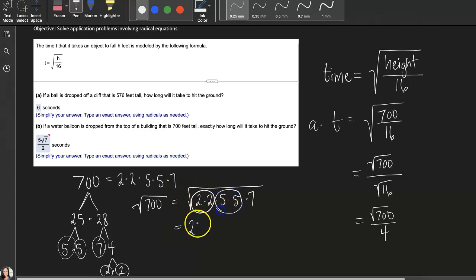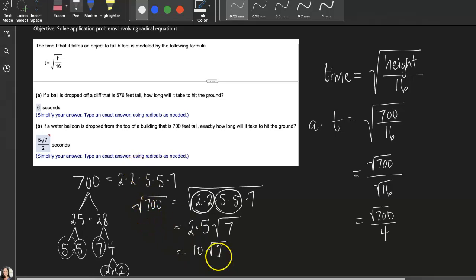Here's another pair. I'll multiply by pulling out one of those factors, and then whatever does not have a pair stays under the radical, like so. 2 times 5 becomes 10. So 10 square root of 7 is the exact simplified form of the square root of 700.